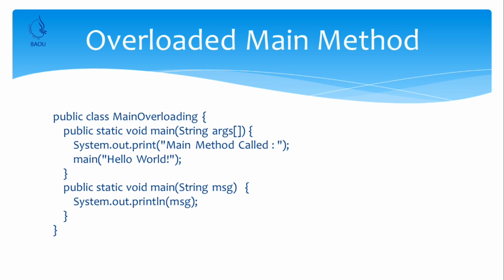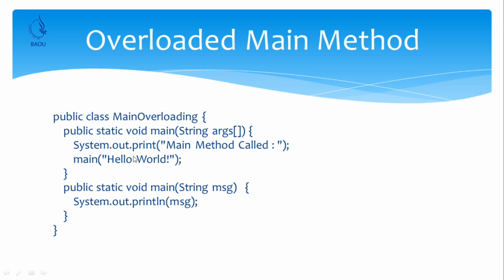Now, we take an example of how to overload the main method. The standard definition of main is public static void main, and it takes a string array as an argument. Here you can see another definition of main, which is also public static void main, but instead of a string array we have one string variable passed as an argument, and it displays that value on screen.